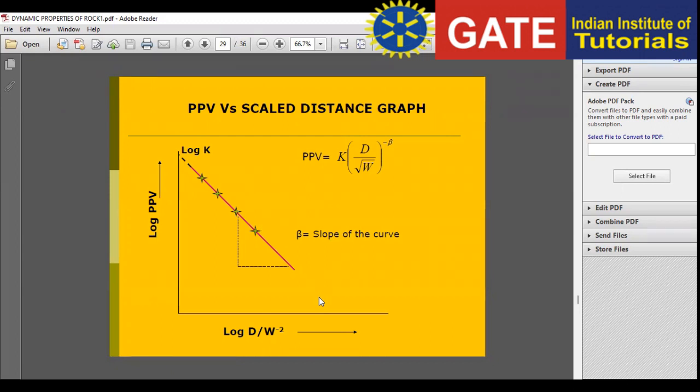Okay, so this is the graph plotted between the PPV and the scaled distance. I assume this can be easily plotted by you, just using the basic relationship of logarithms.